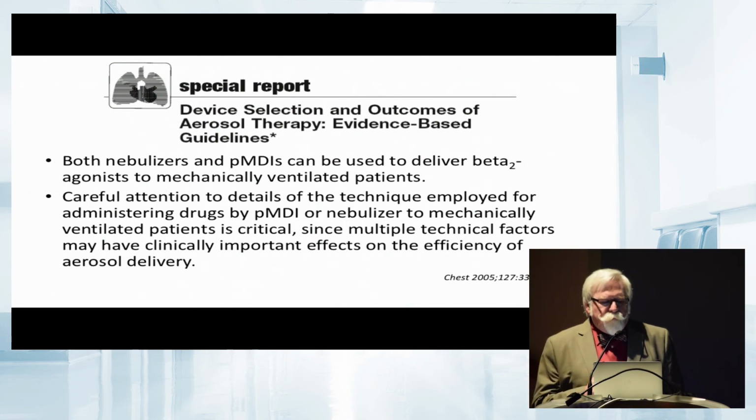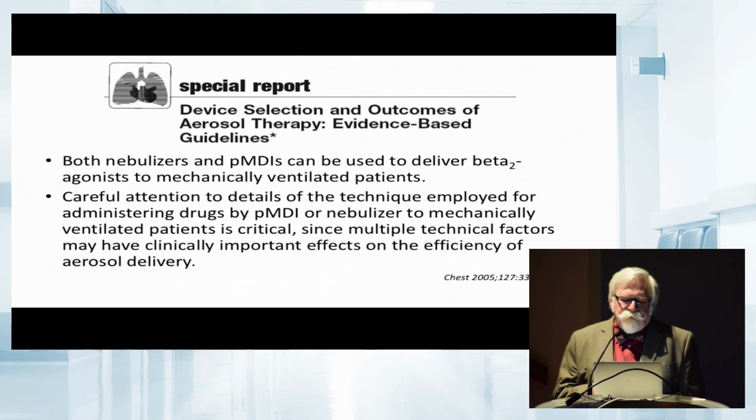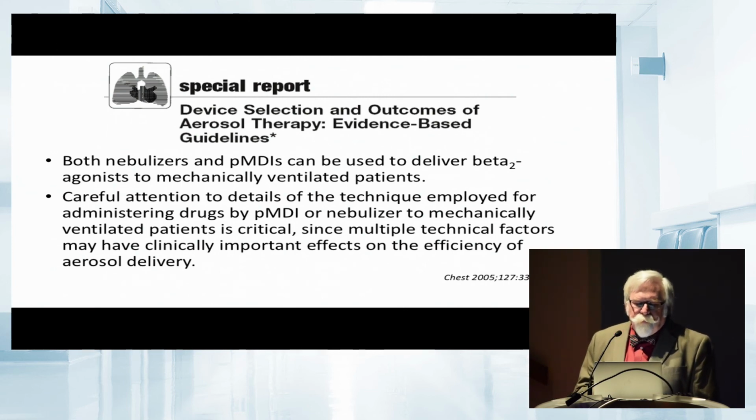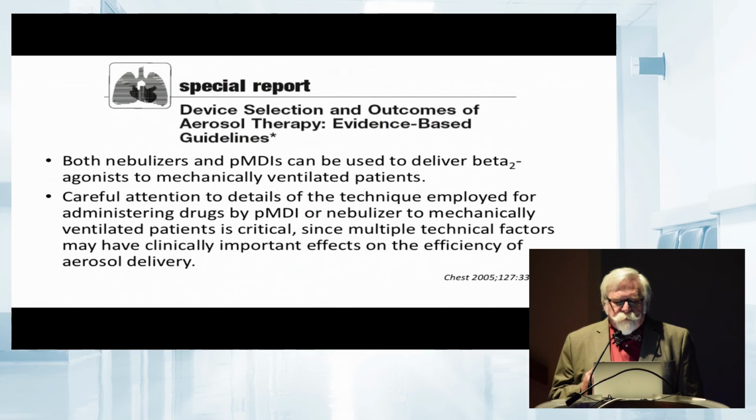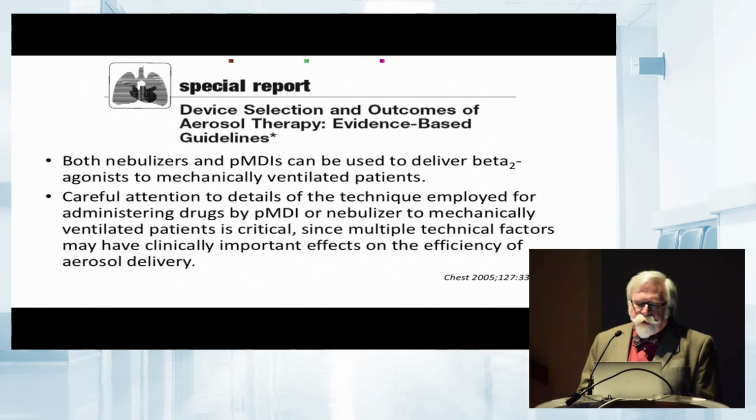However, careful attention to details of the technique employed for administering drugs by metered dose inhaler or nebulizer to mechanically ventilated patients is critical, since multiple technical factors may have clinically important effects on the efficiency of aerosol delivery.